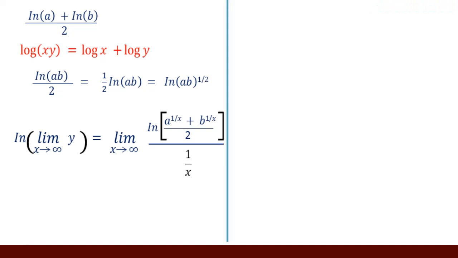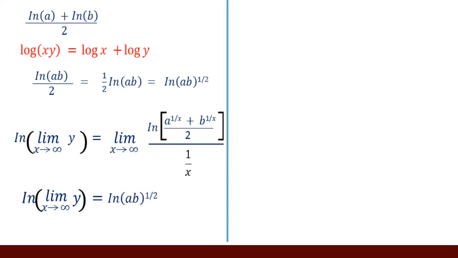And then we see that this right hand side is what we have been evaluating. At this point, we have obtained that this right hand side is equal to ln AB raised to the power of 1 all over 2.